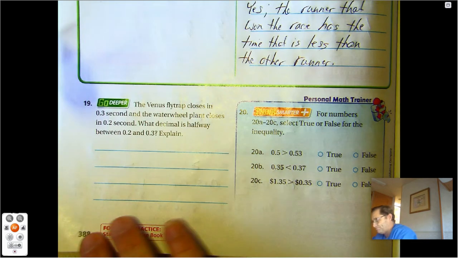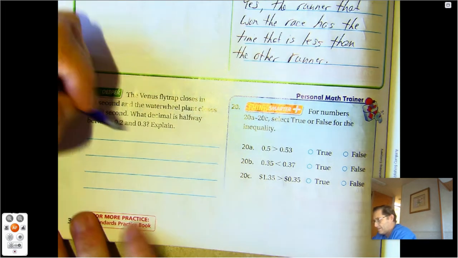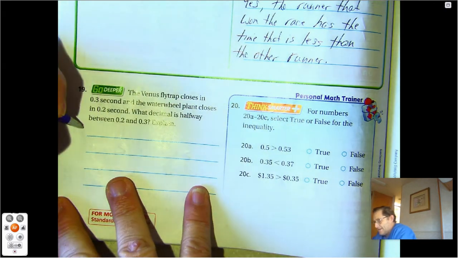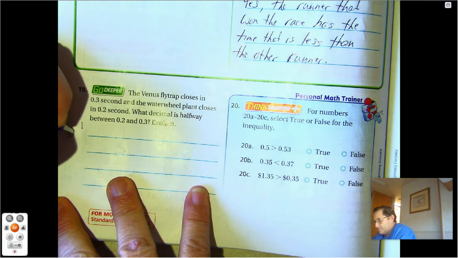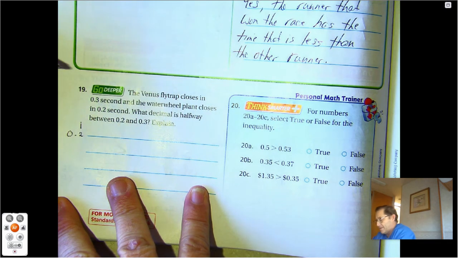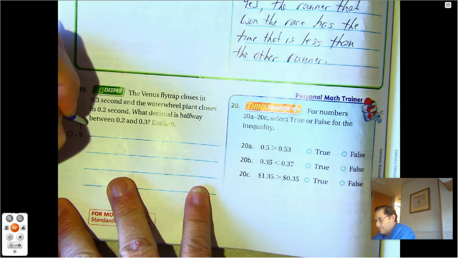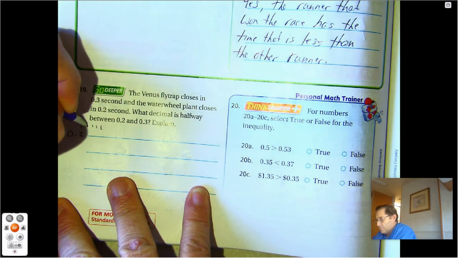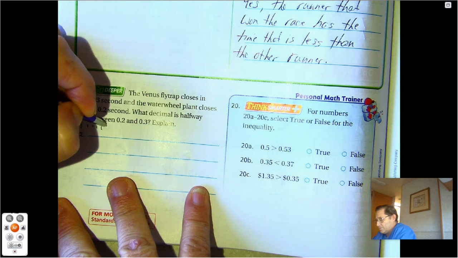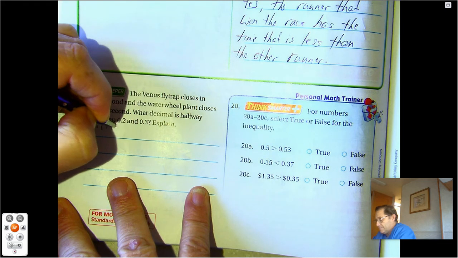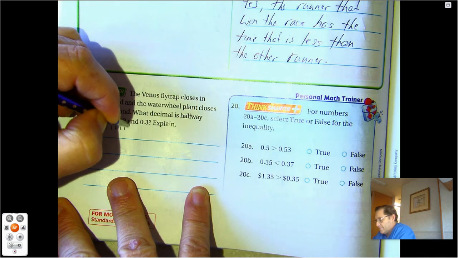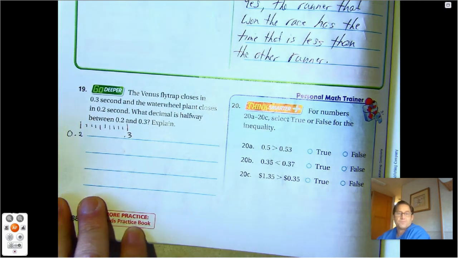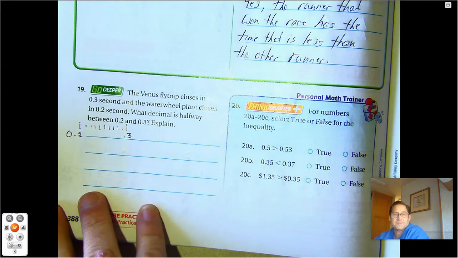Well, if we were using a number line and we had 2/10 here, and then we're going to make tick marks 21, 22, 23, 24, 25, 26, 27, 28, 29. And then we put 0.3 there.